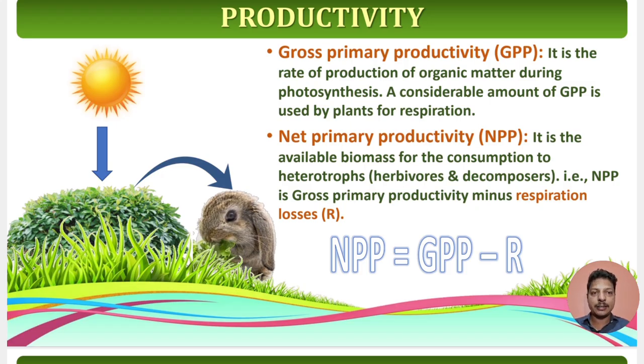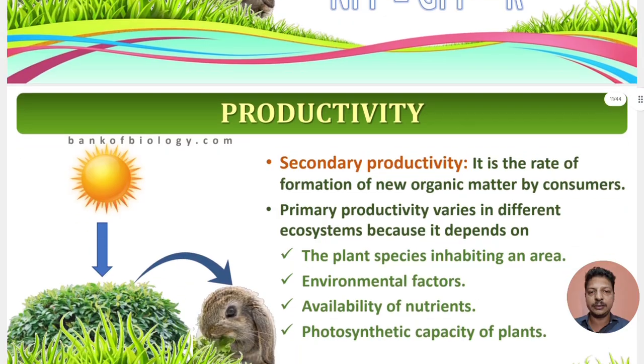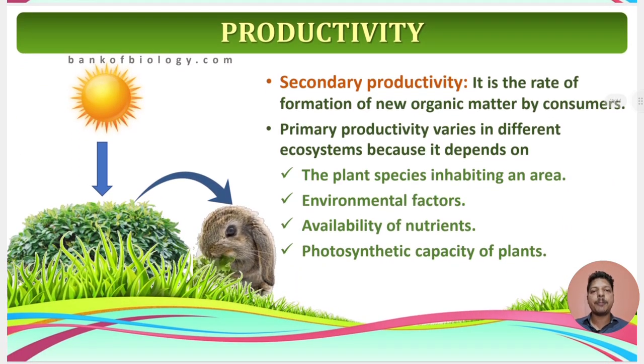So after the plant utilizes it, the amount of available biomass for the consumption of the heterotrophs, that are herbivores and decomposers, is called NPP, net primary productivity. So here NPP equals gross primary productivity minus respiration losses. Remember, questions are asked. Then coming to secondary productivity, it is the rate of formation of new organic matter by consumers.